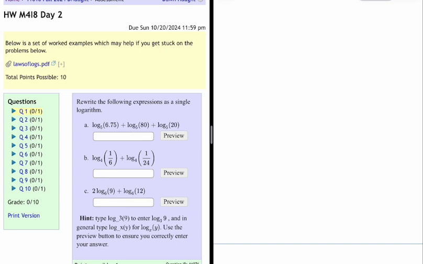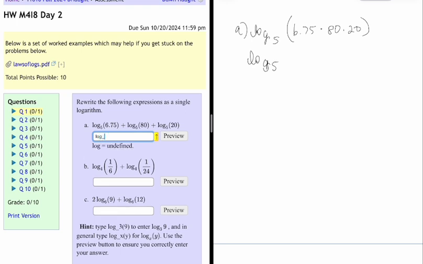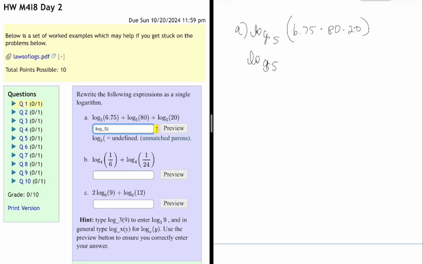Now, part A, all of those things, you'll see how all of those are added up. So we can condense them if we just do 6.75 times 80 times 20. And it doesn't say to do the math, so I am going to do log underscore 5, and then in parentheses, I'm just going to let iMath do the work. I don't know. I'm just going to see if they'll accept. Do they? 6.75 times 80 times 20.